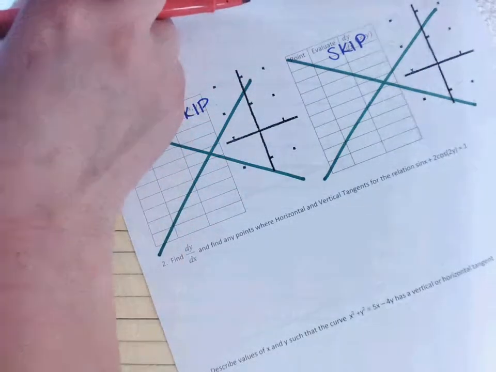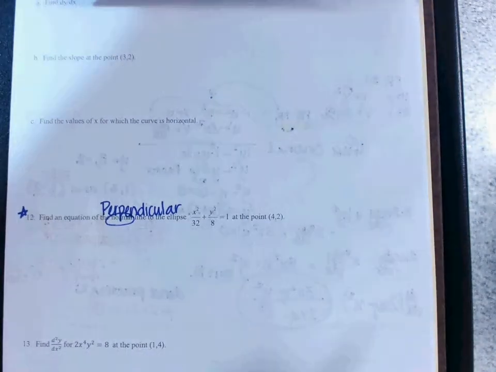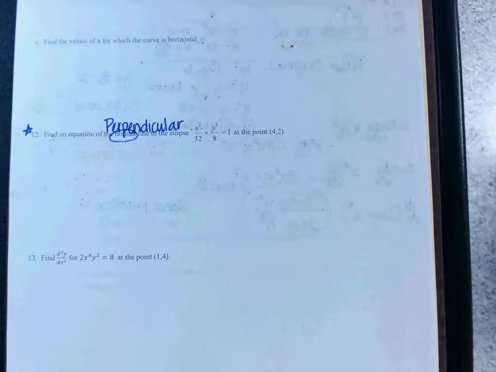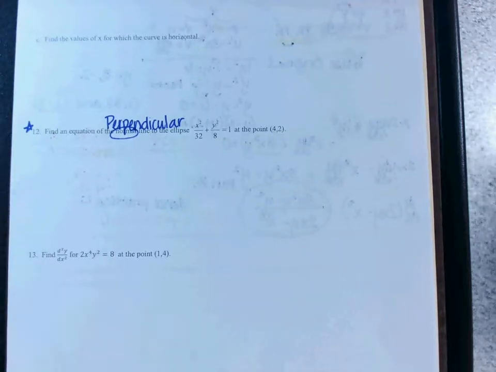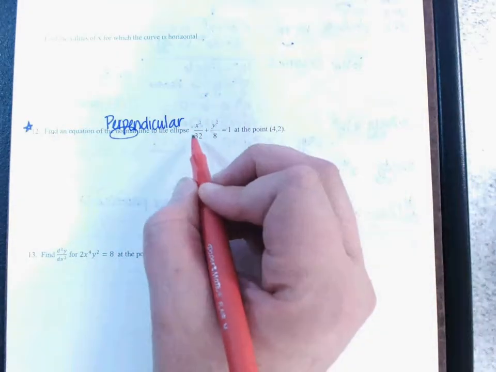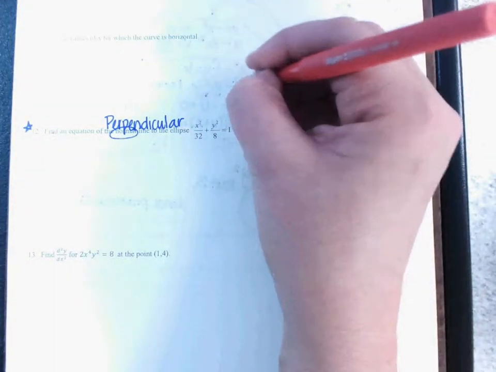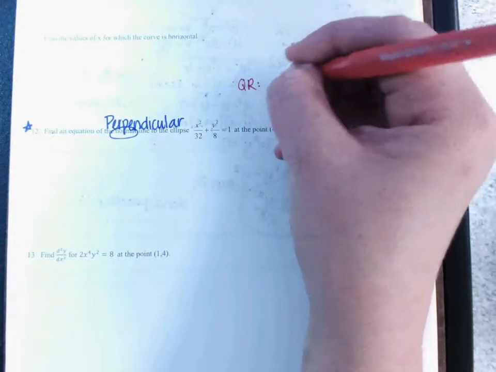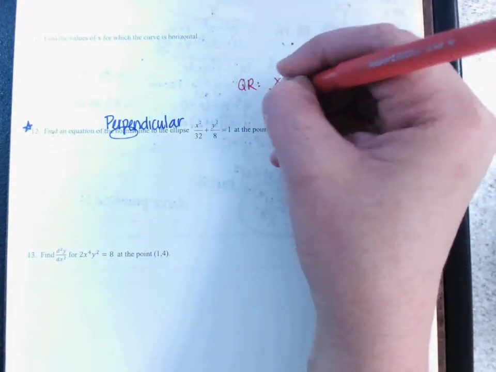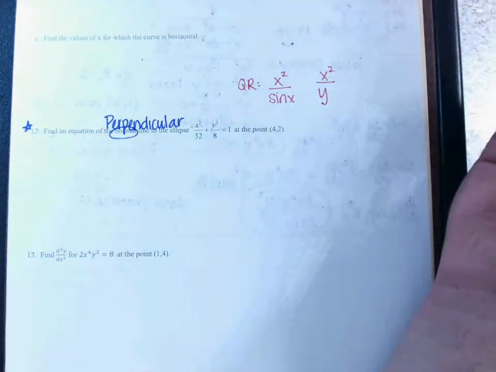The other question I was going to do with y'all is number 12. Okay, and number 12, the number one mistake I usually see people trying to make on this one is that they think that this is a quotient rule problem. Okay, if this is a number on the bottom, that's not quotient rule. You only need quotient rule if you have like x squared over sine x, or x squared over y, or something like that.